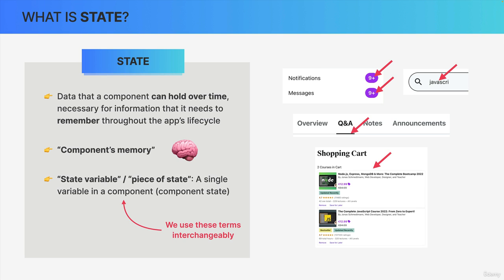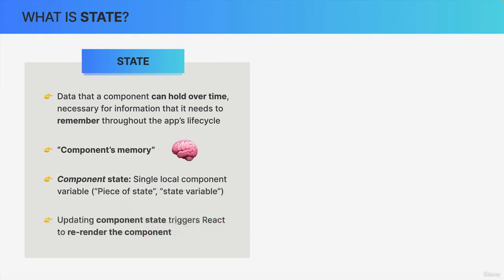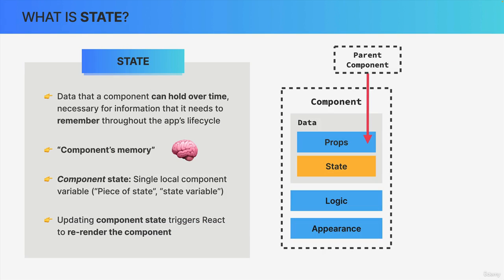But anyway, let's now move on to the most important aspect of state, which is the fact that updating state triggers React to re-render the component. So, again, whenever we update a piece of state in a component, this will make React re-render that component in the user interface. So it will create a new updated view for that component.